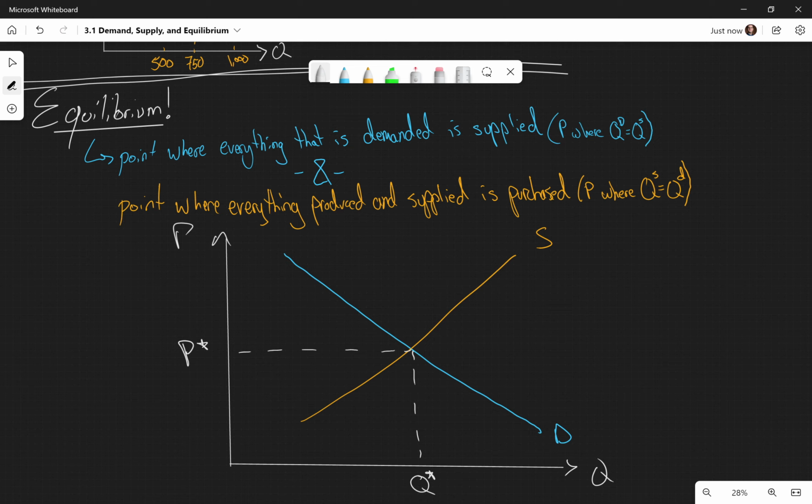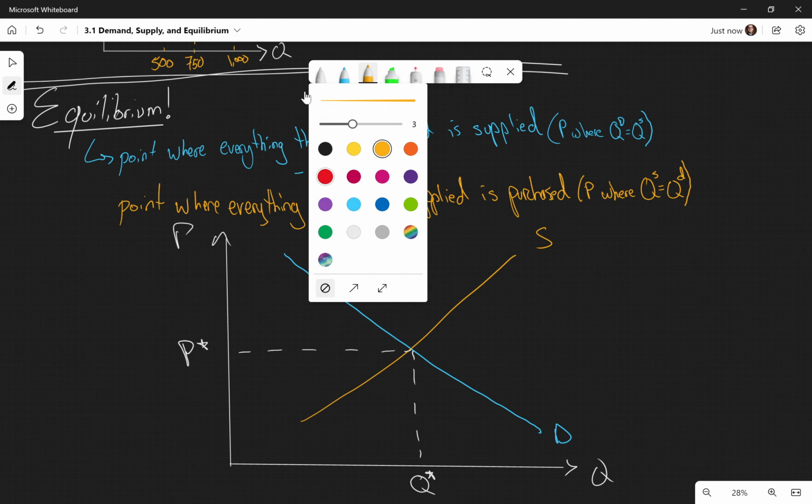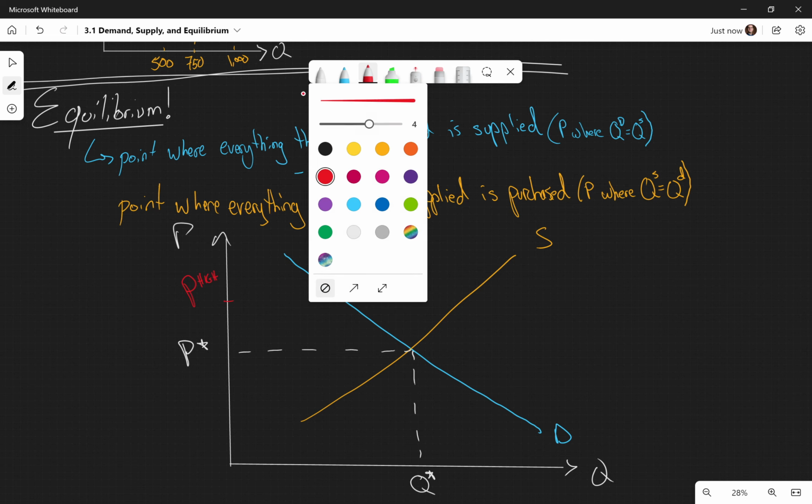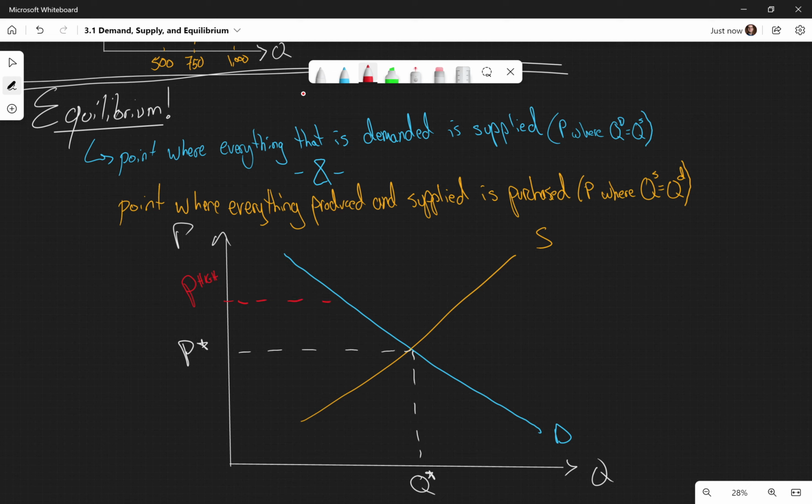Now, if we were to have some sort of situation where the price drifted above the equilibrium price, right? If we were at some sort of P high, then that would result in a quantity demanded that is too low compared to the quantity supplied at that particular price.